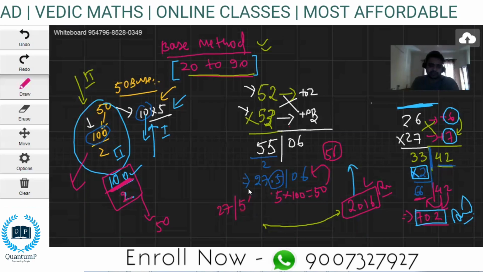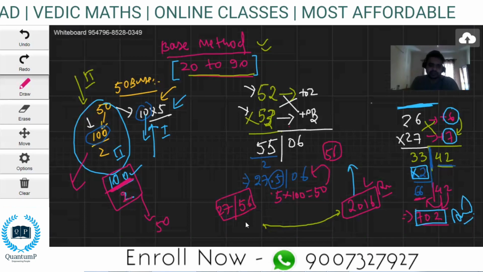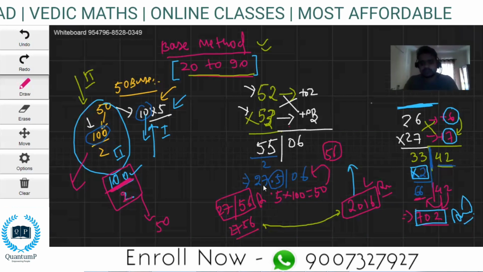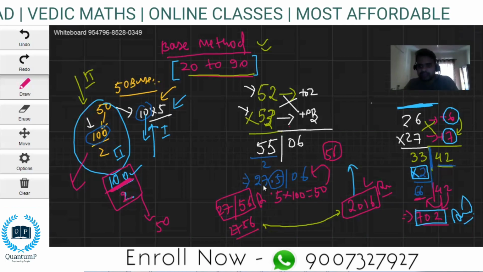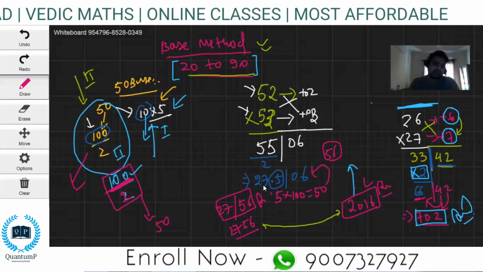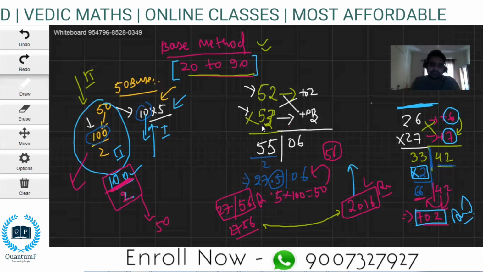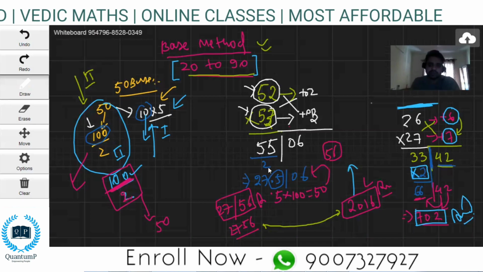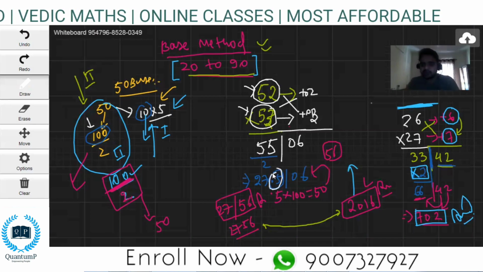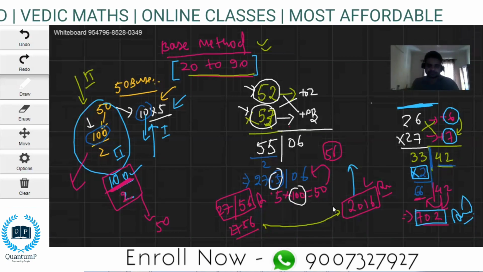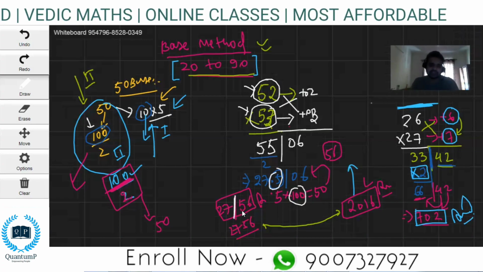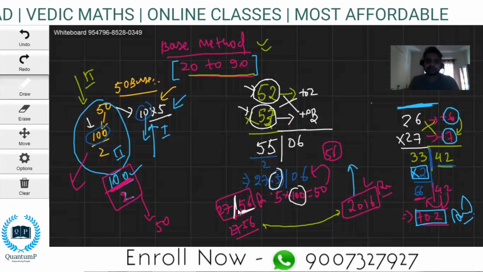So your answer is 2756, correct? The main base was 100, but this variety comes when you take one even number and one odd number, and then you get a decimal number. You convert that decimal number into an integer by multiplying with 100, and that's how you get the answer. And we just leave the 2 digits after this line because it's a 100 base.